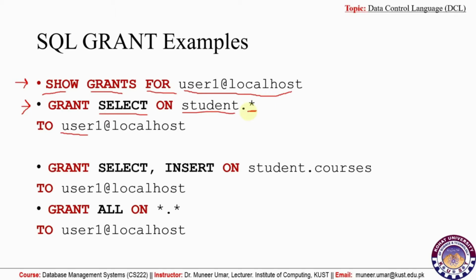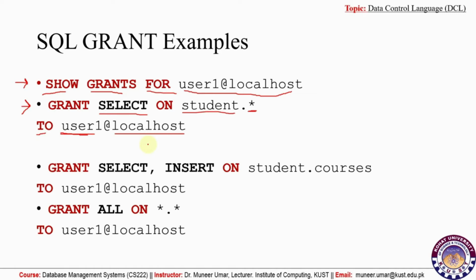These can be all the tables, views, procedures, anything which is inside student database, to the user, which is user 1 and lying in localhost. So we are going to check this, but before practicing this query, we need to know about the user creation.